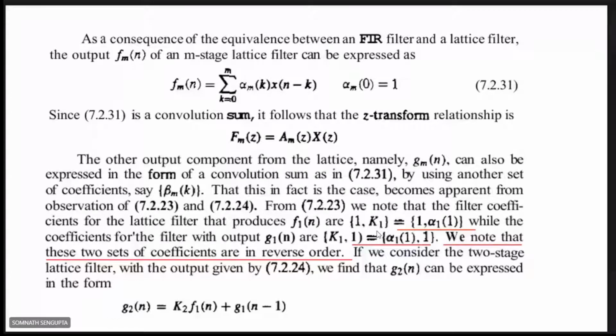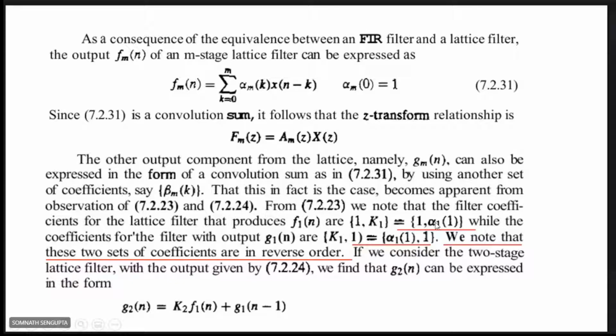What we saw earlier, when we were initially discussing the lattice structure, is that when the order of the filter was 1, the coefficient was only alpha 1, 1. It was assumed as K1.